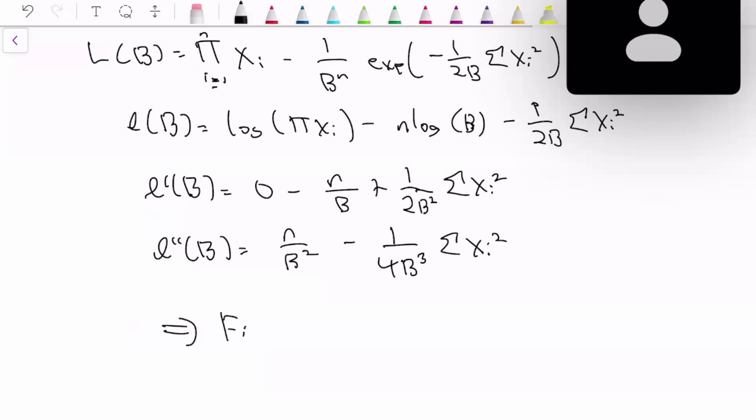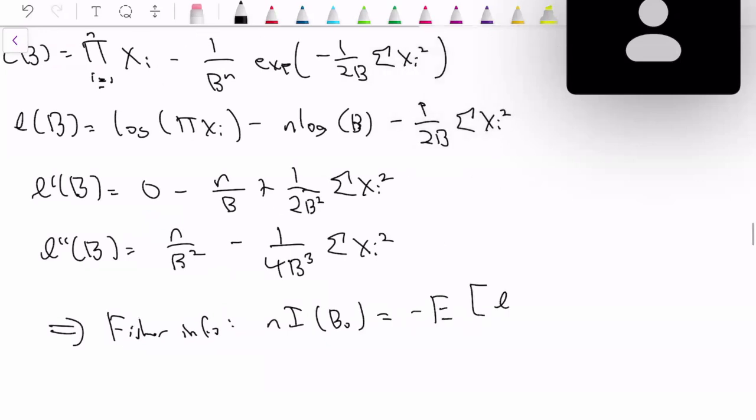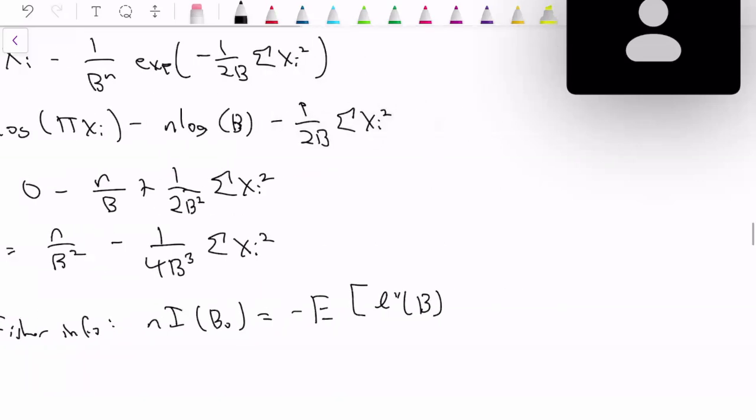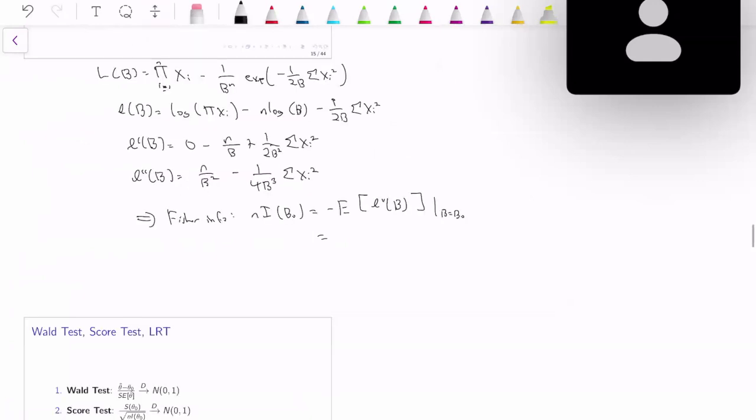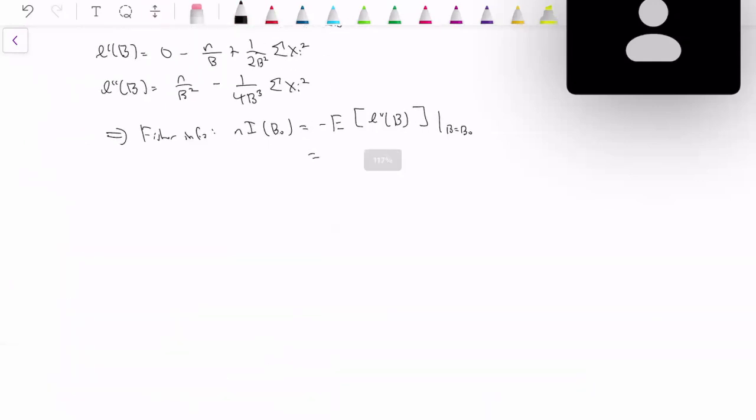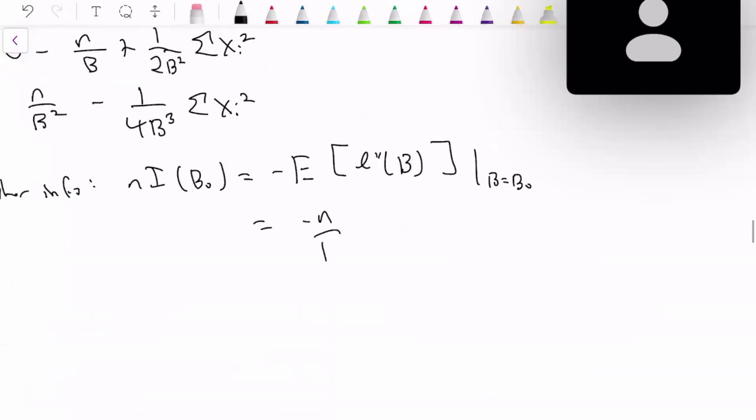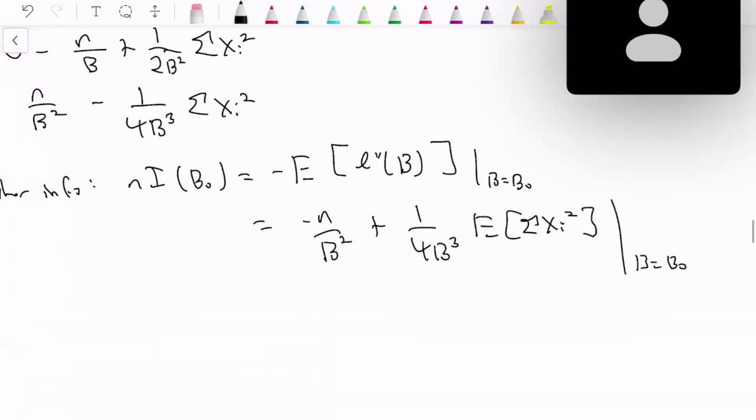So the Fisher information, n I beta naught, is the negative expectation of the second derivative of the log likelihood. So it'll be negative n over beta squared, 1 over 4 beta cubed, negative 1 over beta cubed.